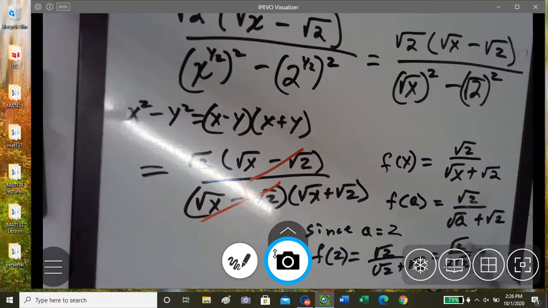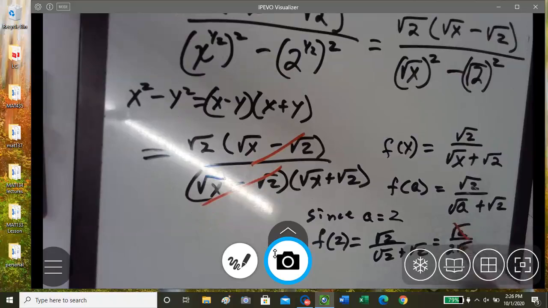Well, the square roots of 2 can cancel. And so square root of 2 goes into square root of 2 once, and so we end up with 1/2. So we're saying here that f of a equals 1/2.